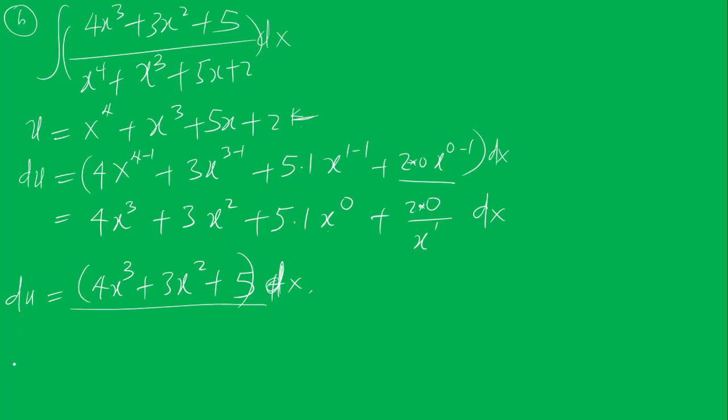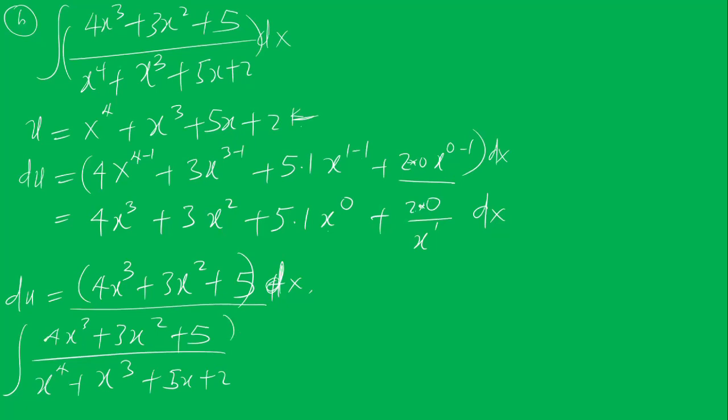That means the integral of 4x to power 3 plus 3x to power 2 plus 5 divided by x to power 4 plus x to power 3 plus 5x plus 2 dx is equal to du all over u, because du is the same thing as this at the numerator, and the denominator is equal to this, which is u.